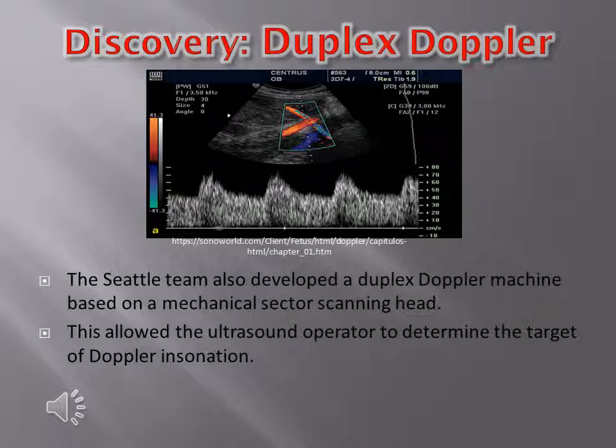The Seattle team also developed a duplex Doppler machine based on a mechanical sector scanning head where a single transducer crystal performed both imaging and Doppler functions on a time-sharing basis. The new duplex Doppler technique allowed the ultrasound operator to determine for the first time the target of the Doppler insonation.